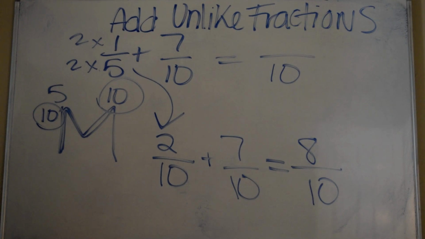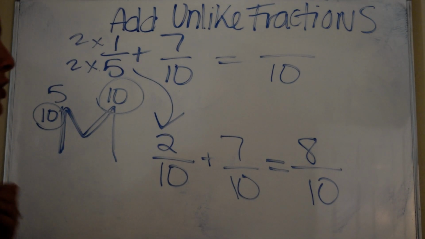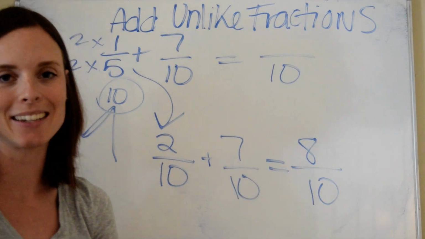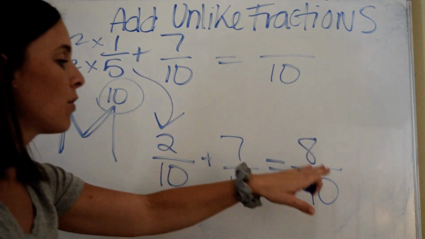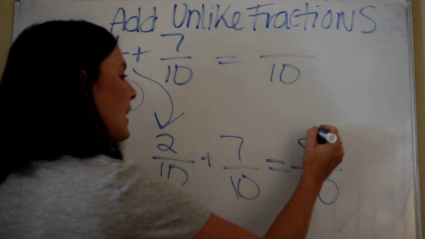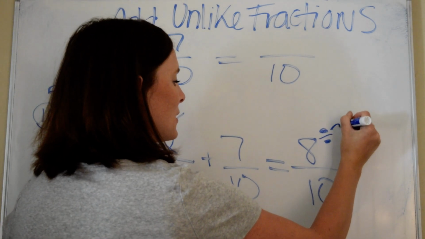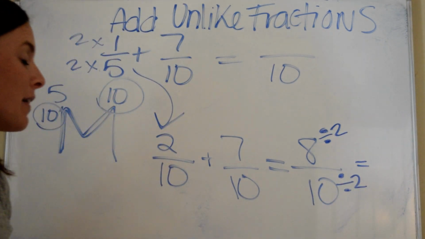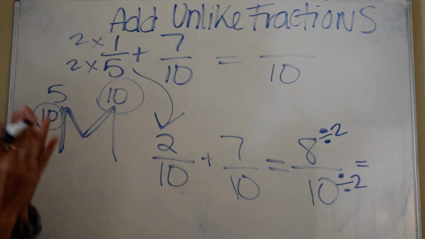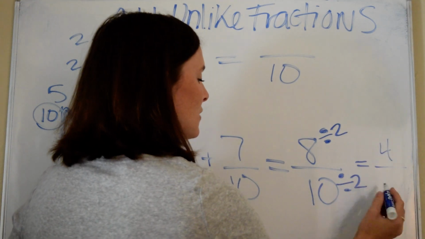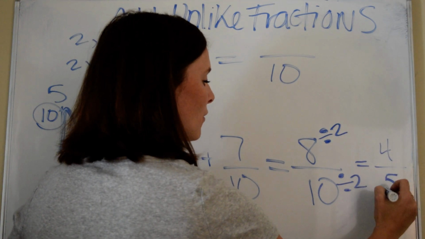Start with a low one if you need to. Let's try it this way. Do you know that 2 can go into 8 and 2 can go into 10? Or I could say both of these are divisible by 2. If that's the case, just go ahead and divide it by 2 and see if that simplifies it, or how far it simplifies it, because you want it simplified to the smallest it can be. 8 divided by 2 is 4, and 10 divided by 2 is 5.